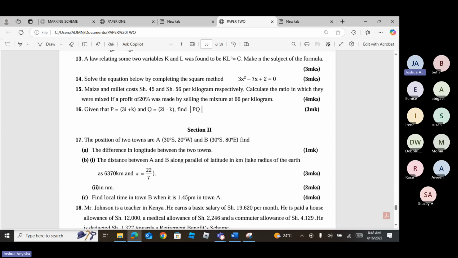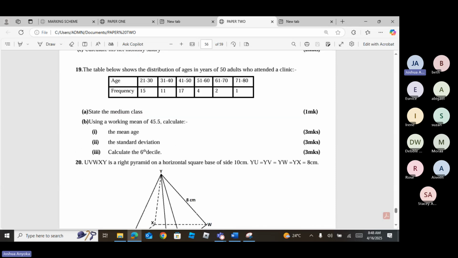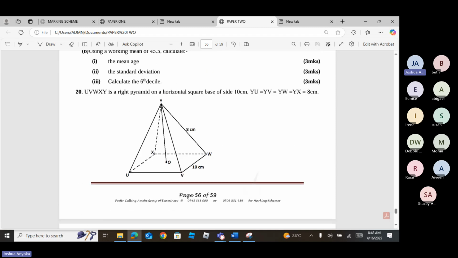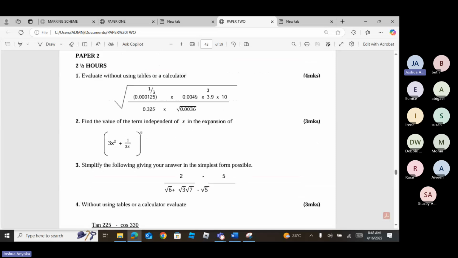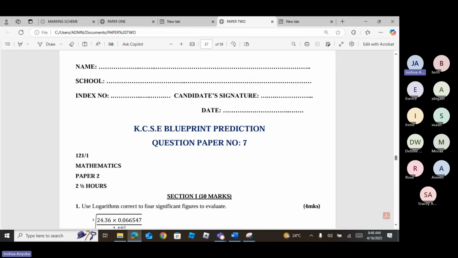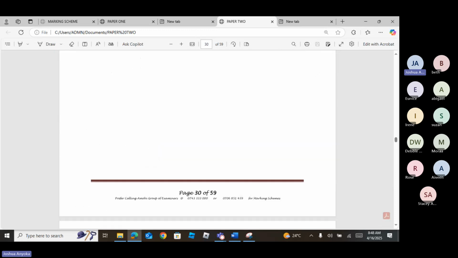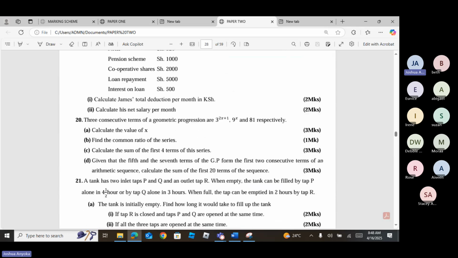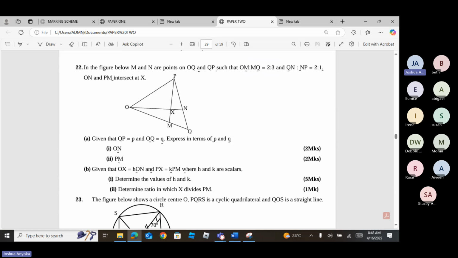Niko kwa paper 2 kweli? Yes, paper 2. Tumesema trial 5. Trial 5, paper 2, question 22. I think ndio hiyo. Is that the question?